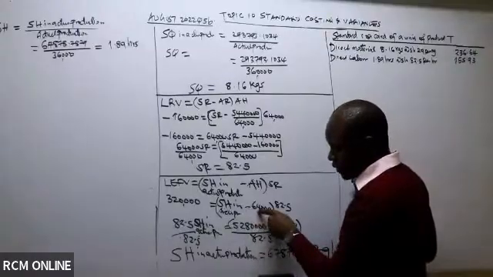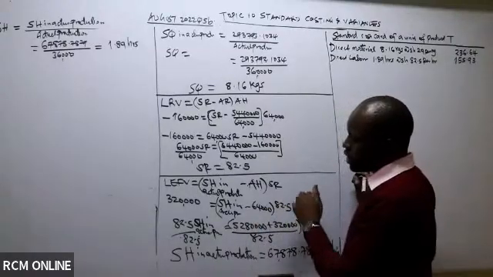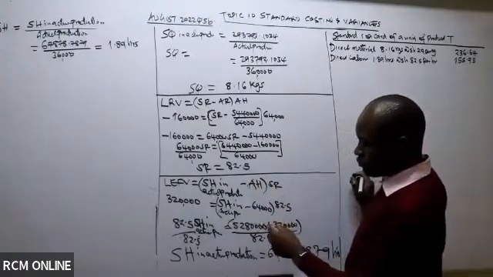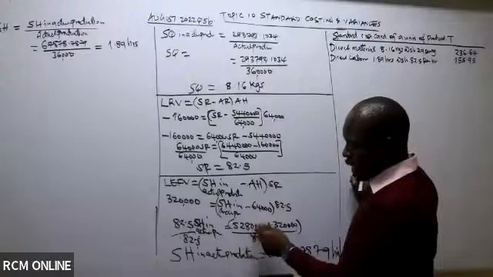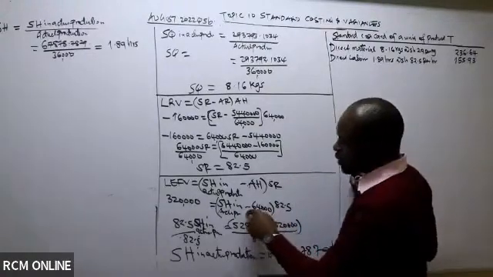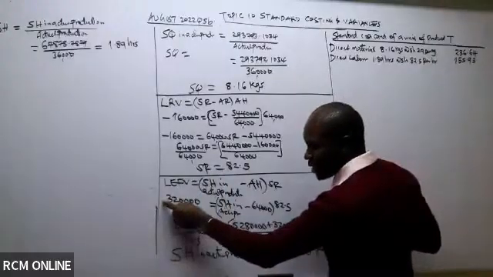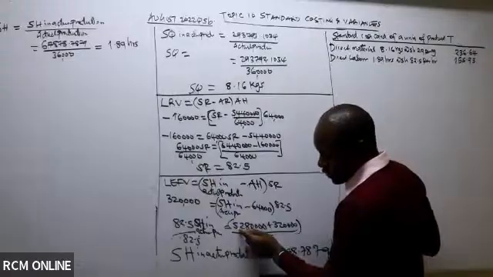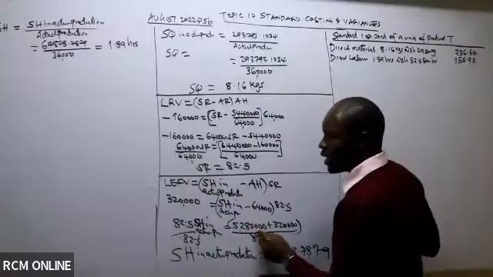Negative 64,000 times 82.5 will give us negative 5,280,000. Negative 5,280,000 is crossing the equal sign to this side. What will it be? It will be a positive. So that positive 5,280,000 is this one here.